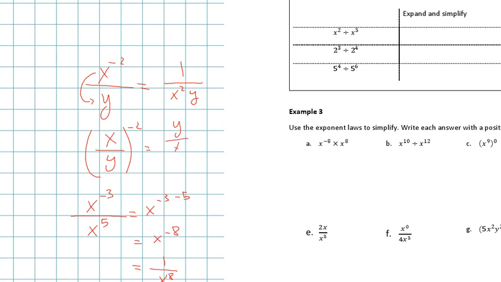But in the top case right here, the negative exponent only belongs to the x. So I only have to bring this down to the denominator. This is the only one that gets flipped. Are we okay with this? That's why brackets are an important thing, and you need to know when to use them and how to use them. Because you can't put brackets for no reason. The brackets mean something.